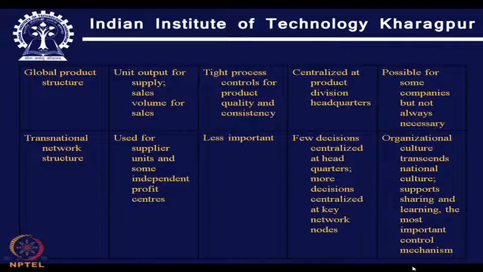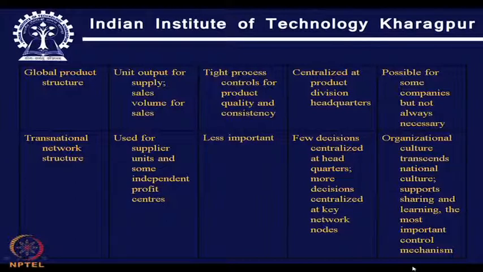When you are talking of transnational network structure, output control is used for supplier units and some independent profit centers, and bureaucratic control is less important. In decision making control, few decisions are centralized at headquarters, more decisions are centralized at key network nodes.